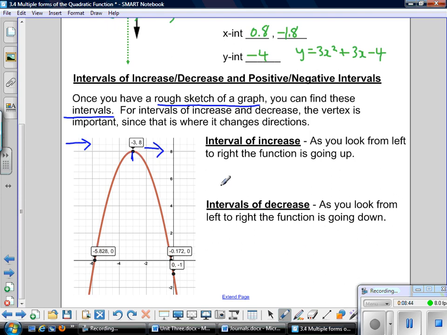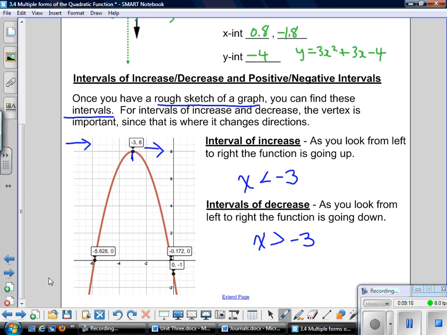So when I'm talking about my intervals of increase and decrease, when x is less than negative 3, so from here this way, it is increasing, and when x is greater than negative 3, you can see it's decreasing, it's going down.